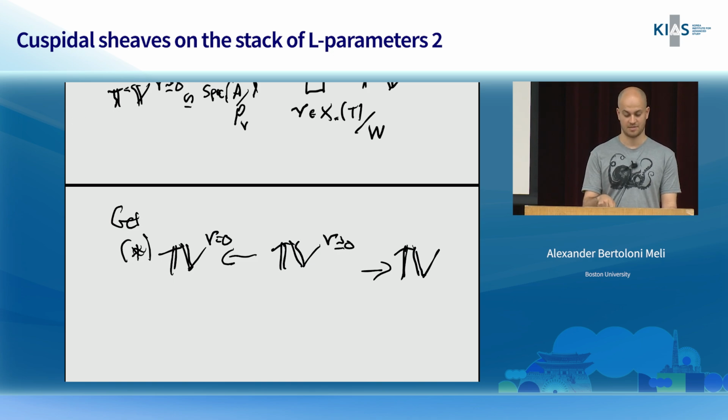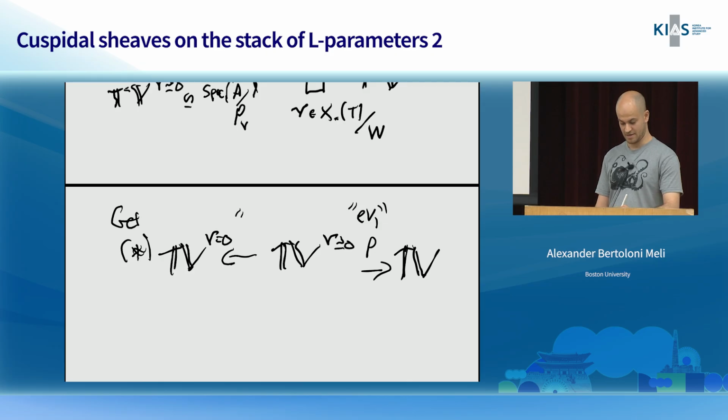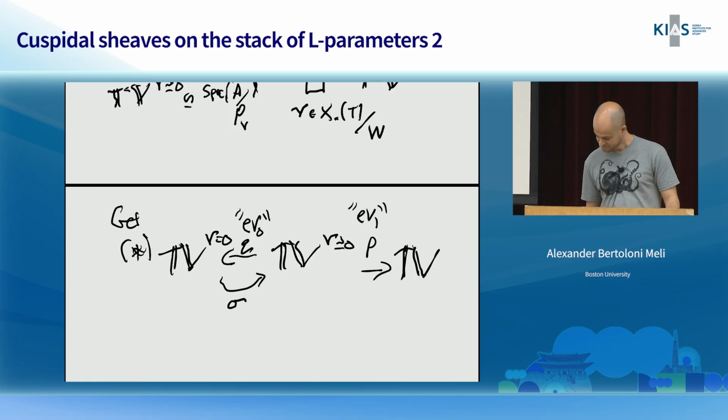And this thing is some DG algebra mod the Levi. So we have some map P like this, given by evaluation at the open orbit. And we have some map like this, given by evaluation at the closed orbit. Let's call this Q. And then we also have some map sigma, which is like including the closed point.